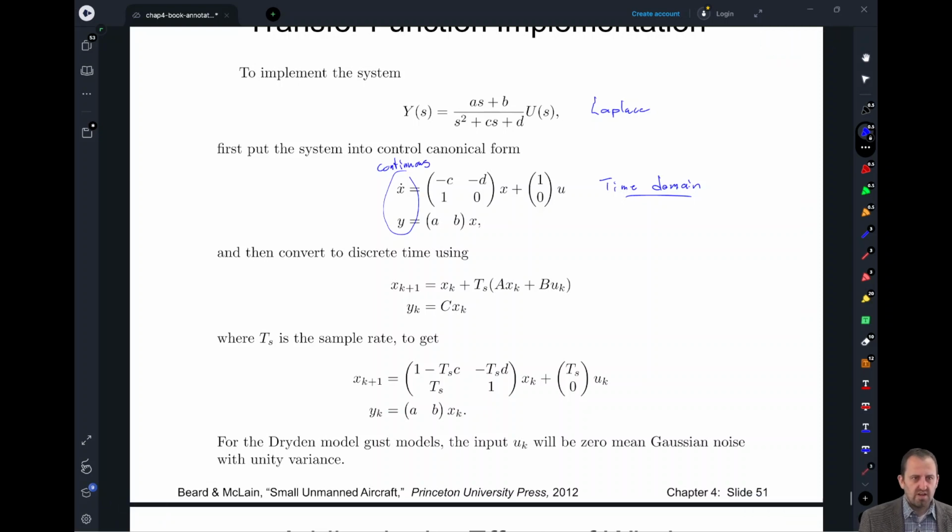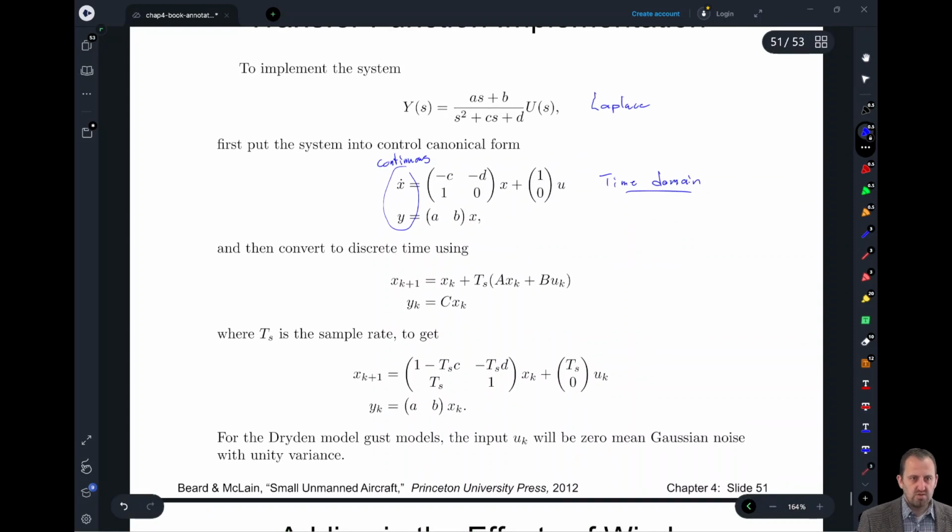So we're going to convert it to discrete time, and this is just using the Euler update. So we have x of k plus 1 is equal to x of k plus Ts times x dot, or f of x, u.